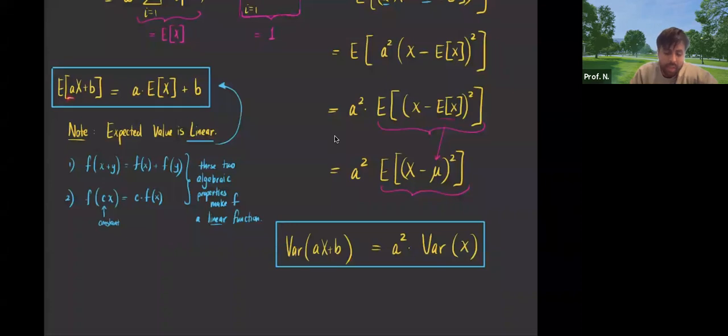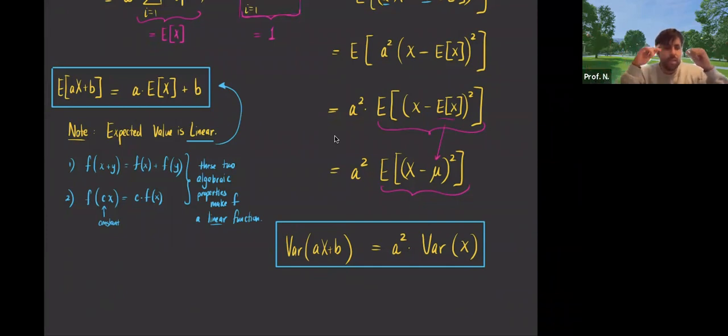So when you take a sum of expected values, you would assume that the expected value would be the sum of those expected values individually. But what happens in the variance world? First of all, the b disappears. In essence, the variance is not affected by adding a constant. The constant is not going to affect how spread apart the values are.